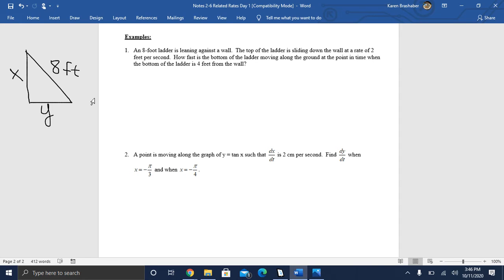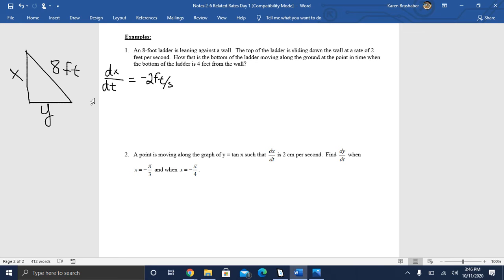Since we were told that the ladder is sliding down the wall at a rate of 2 feet per second, and I called the part of the wall that the ladder was leaning against X, then dx/dt, the rate of change of that length with respect to time, is going to be the 2 that we were given. But that distance is getting smaller. So it's actually -2, and this is in feet per second.